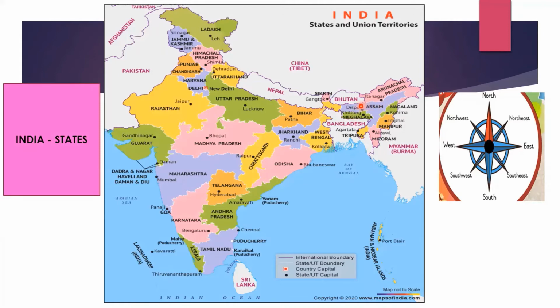Once again, I am repeating: Assam, Sikkim, Arunachal Pradesh, Nagaland, Manipur, Mizoram, Tripura, and Meghalaya. So now you can remember all the states in a systematic way. Just practice it regularly. It will be more helpful to learn all the map work in geography.